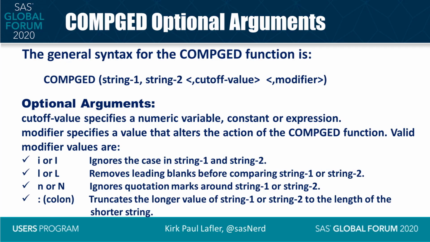The cutoff value specifies a numeric variable, constant, or expression. When specified, the modifier specifies a value that alters the action of the COMPGED function. Valid modifier values are I for ignore case, L for remove leading blanks, N for ignore quotation marks, or colon to truncate the longer value of string 1 or string 2 to the shorter value.